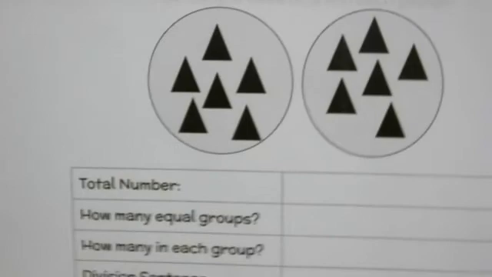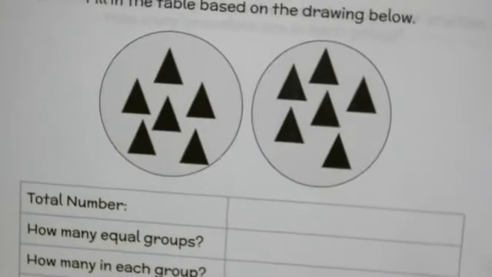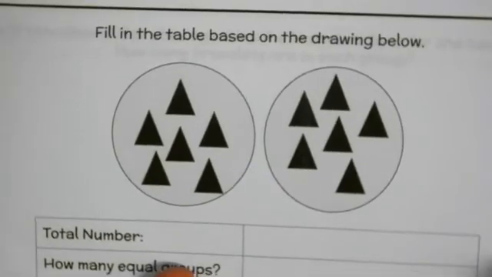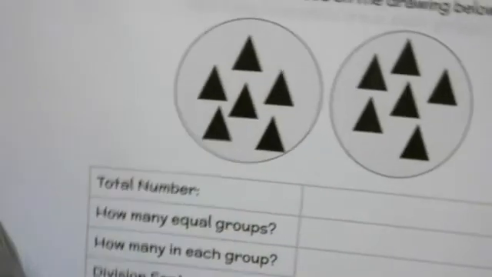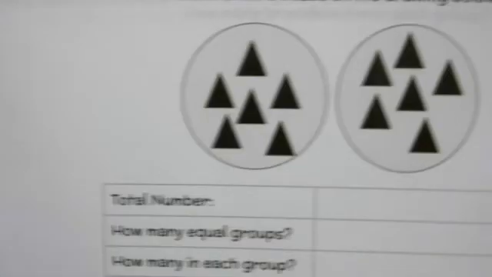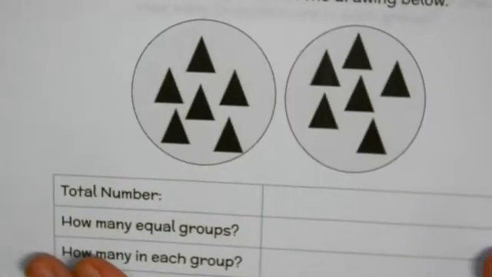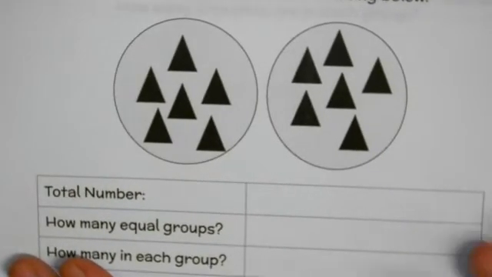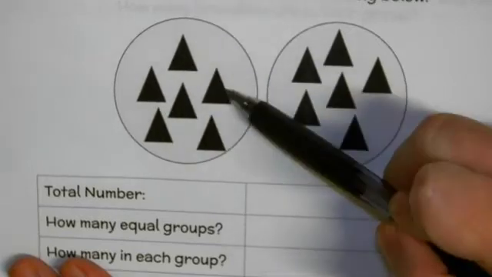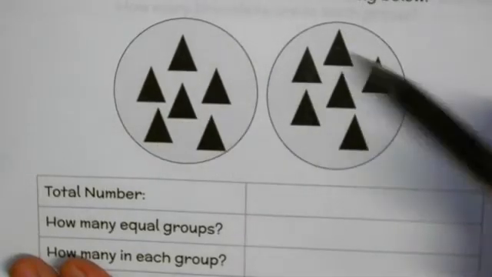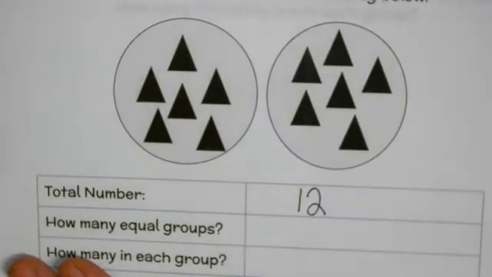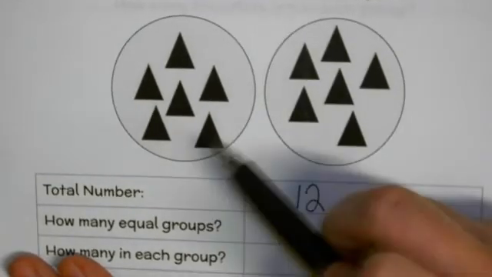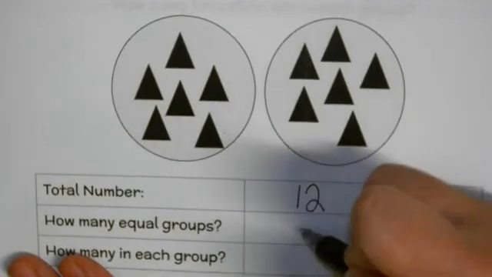Here's another example. Fill in the table based on the drawing below. So let me get this straight in the camera for you. Total number of triangles. 1, 2, 3, 4, 5, 6, 7, 8, 9, 10, 11, 12. How many equal groups? 1, 2.